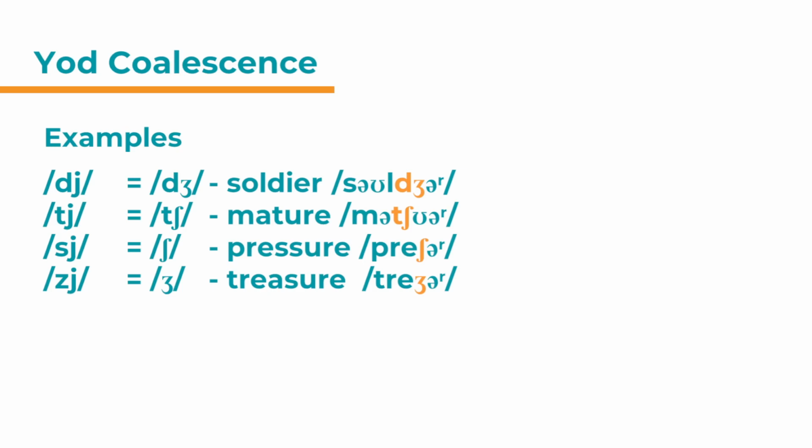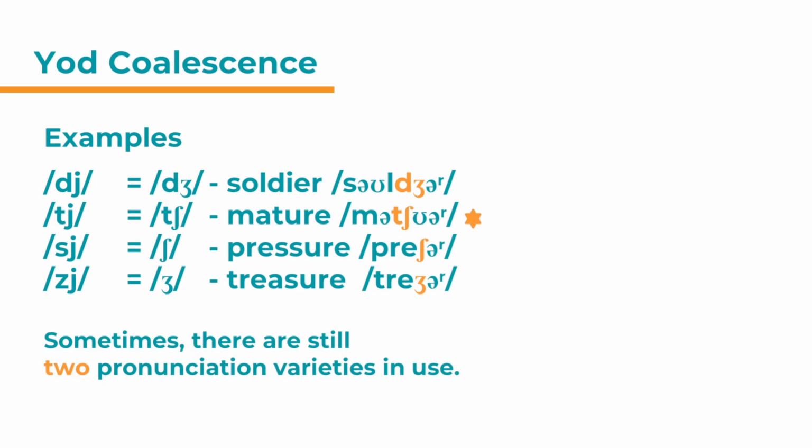Now you probably think, but the first variety, D and Y or T and Y, is not really a pronunciation that we use anymore. And that is correct. Here, the Yod coalescence is really well established, and we really only use the pronunciation with Yod coalescence apart from one word, and that is the word mature. Sometimes there are still two pronunciation varieties in use.